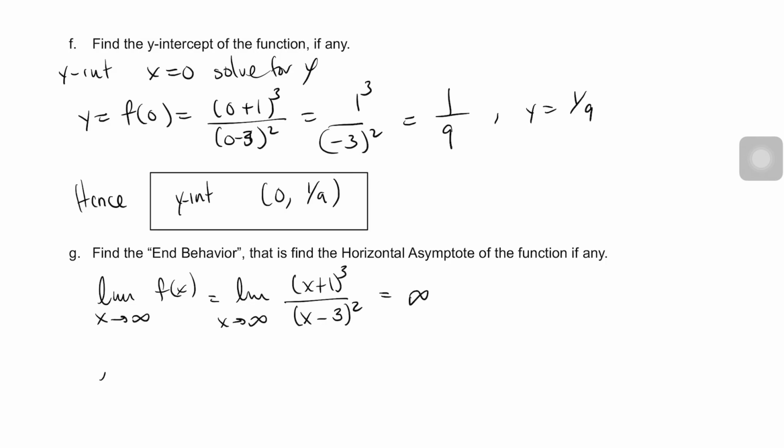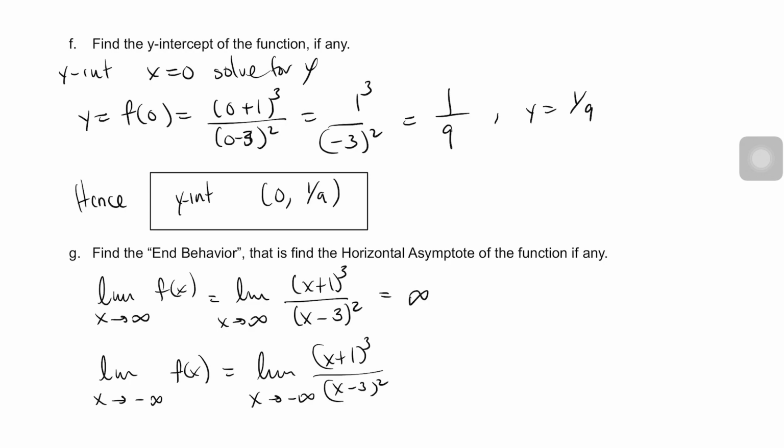The other one, we'll try the same thing as x approaches negative infinity of f of x. Same idea. Negative infinity plus 1 is still going to be negative infinity raised to the third power. And then in the bottom, negative infinity minus 3 is still going to be negative infinity.